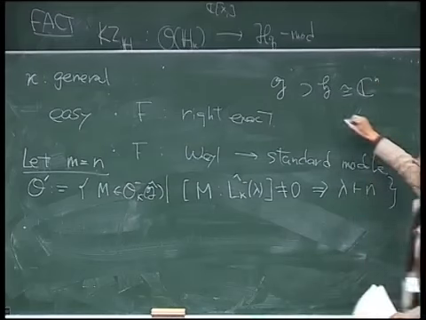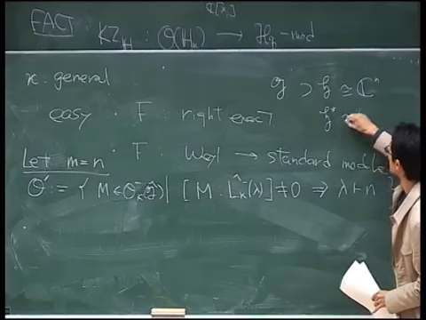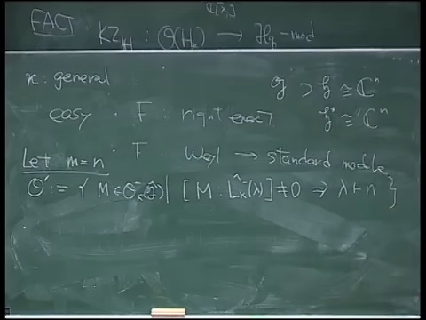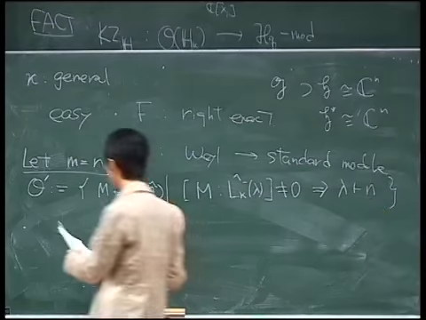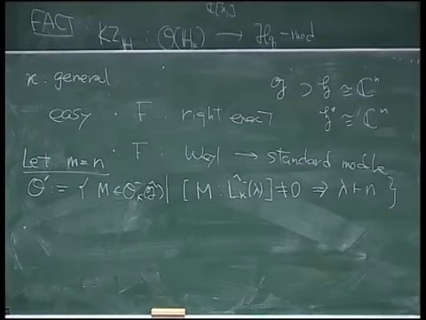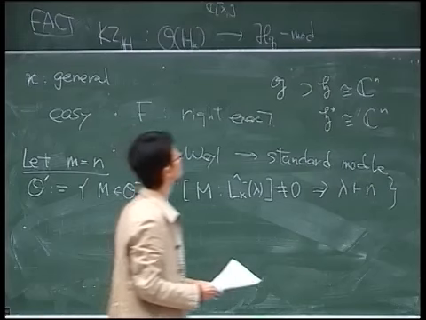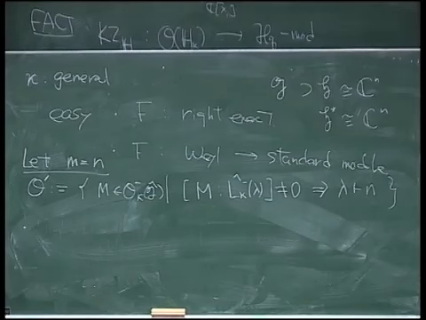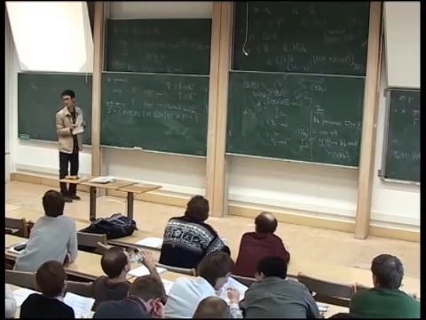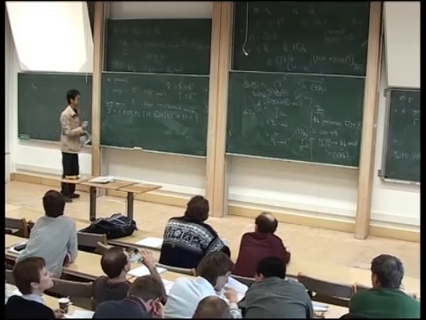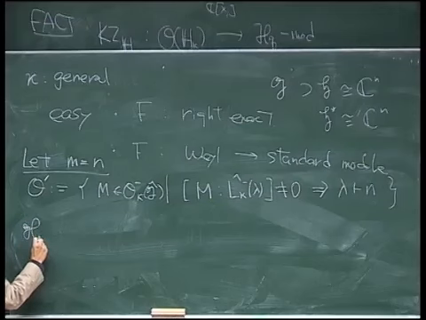I'm identifying the Cartan with C^n, and so this makes sense. Sorry, what is M? M was the rank of G, GL_M, and H_N. Yes.